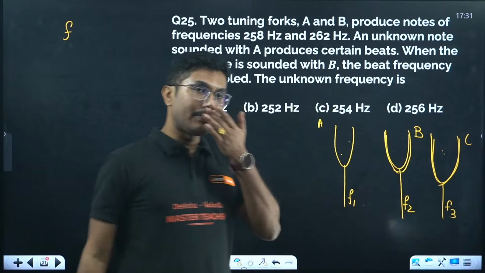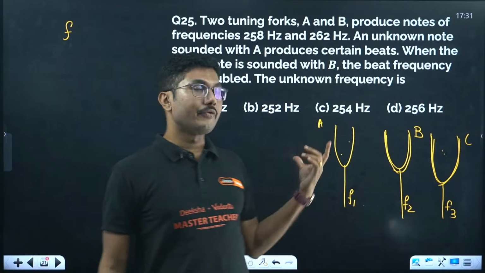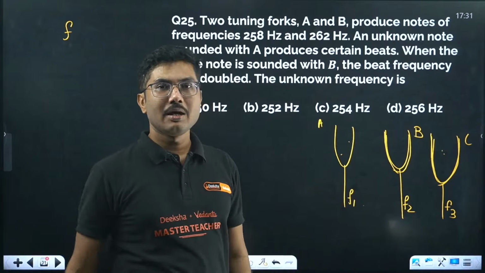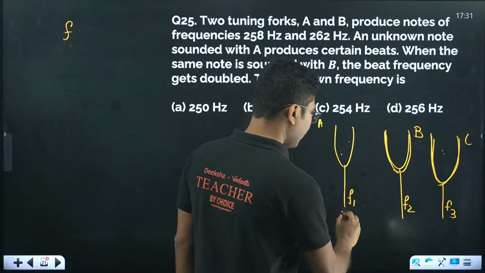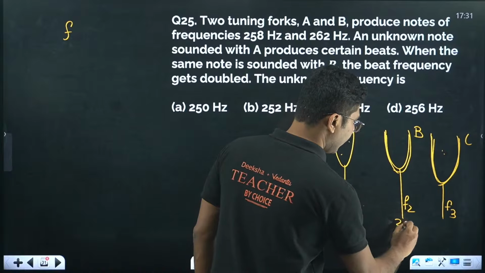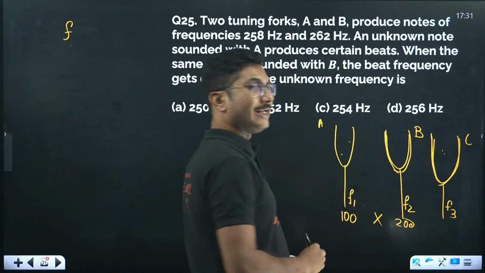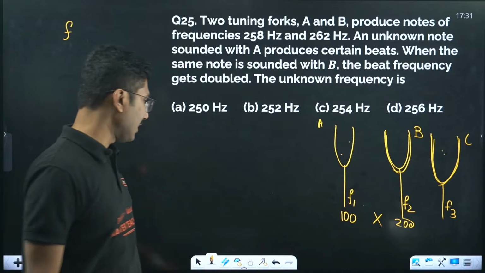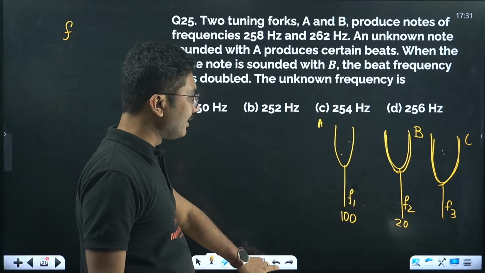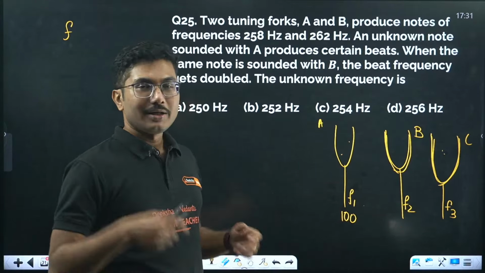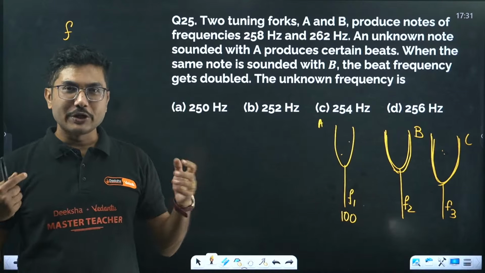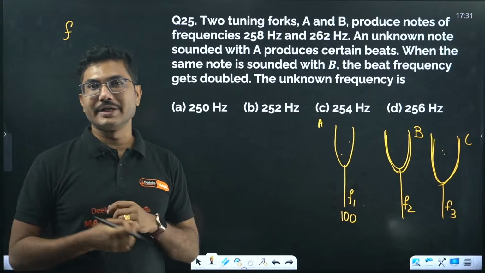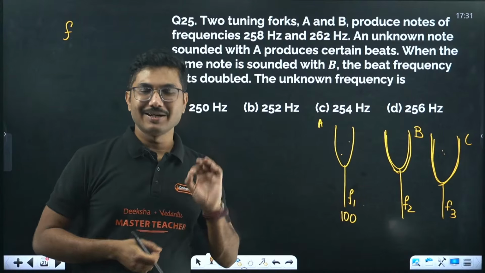First of all, the beat frequency is heard when the difference in frequency is very small, less than or equal to 10 Hz. Suppose this is 100, this is 200, they will not produce any beat. Beat is the same thing that you hear in music. You say, give me the beat. What is the beat? Beat is actually the difference in frequency. Two frequencies are present in the sound, and because of their closeness, they produce a unique sound effect.